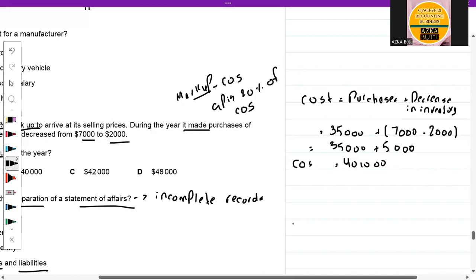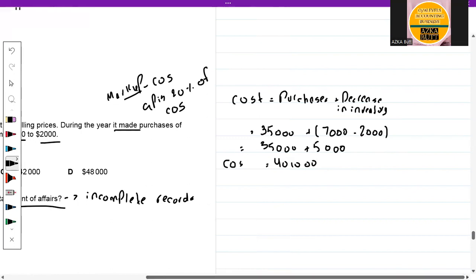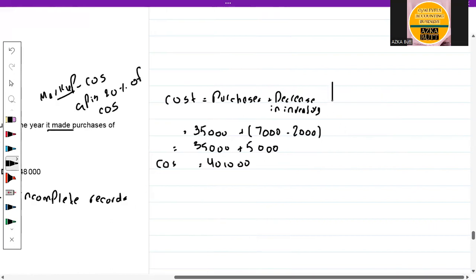You have different other formulas to convert this, but I just want to take an easy step here.